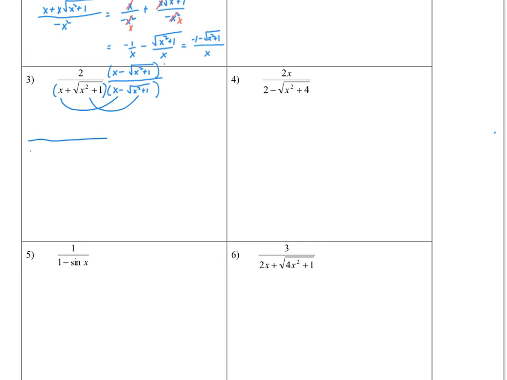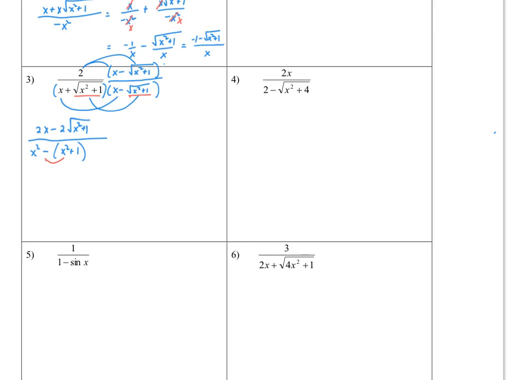In doing so, we'll get x squared minus the quantity x squared plus 1. Remember that root x squared plus 1 times root x squared plus 1 is equal to x squared plus 1. In the numerator, if we distribute the 2, we'll get 2x minus 2 root x squared plus 1.